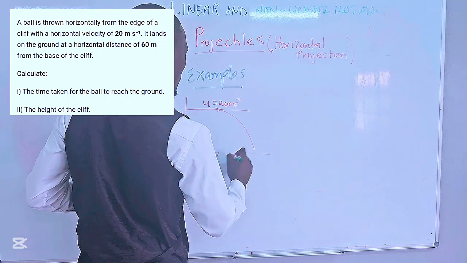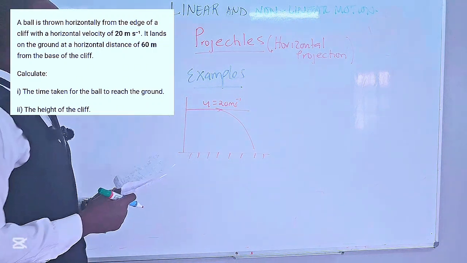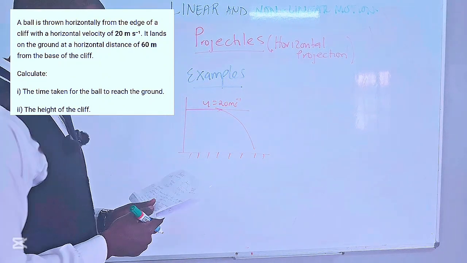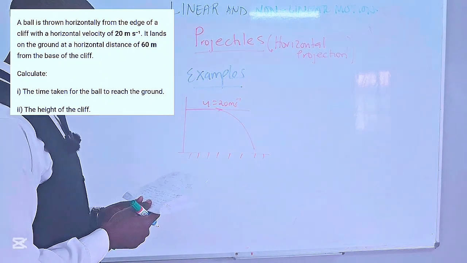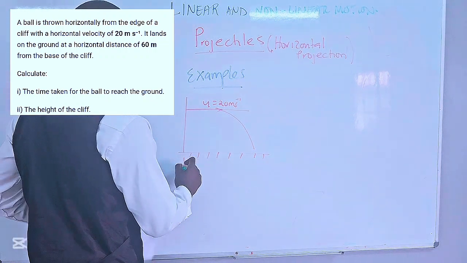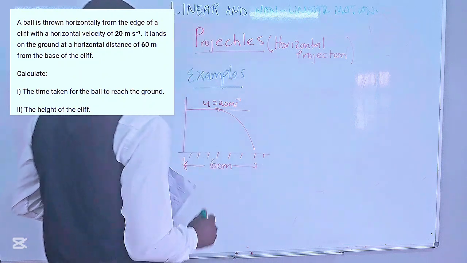I like students who always use sketches in their work, so assuming you have a scenario like this, and they're asking you to calculate the time if it hits the surface at 60 meters from the cliff.